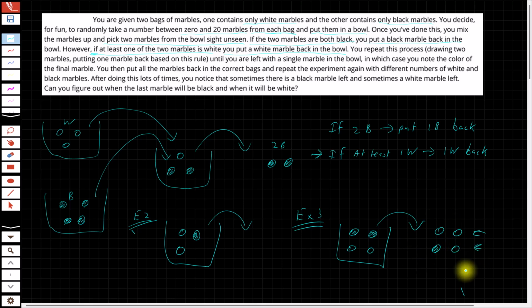The only case where we don't have to put the white marble back in is where we get two black marbles out of the bag. We simply put a black marble back in, but we're still left with those white marbles in the bag. So for this reason, the last marble in the bag is always going to be white.